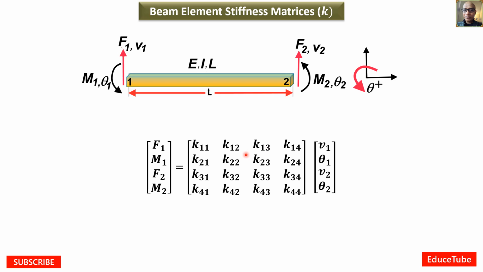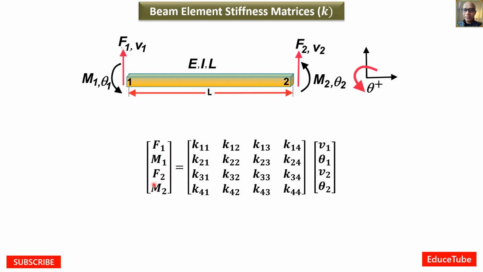This stiffness matrix, I can call it K. It relates the shear forces, this F1, F2, shear force, and M1, M2, bending moments.